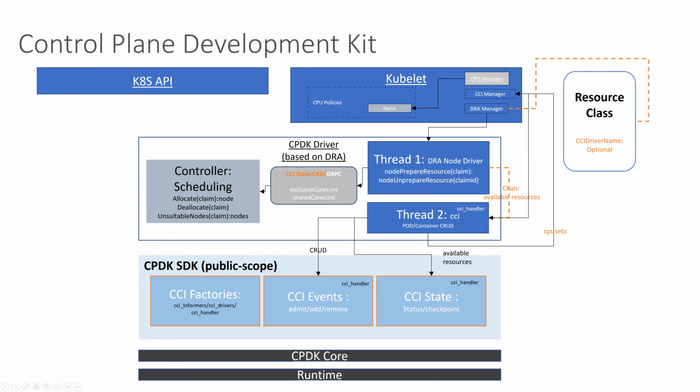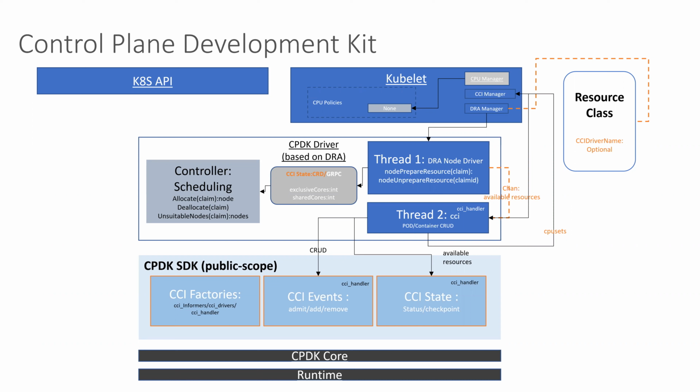So the classical way that DRA works is that you have the controller piece and the Kubelet plugin piece, which runs as a daemon set. When the Kubelet plugin comes online, it advertises all the resources it has available through a CRD.